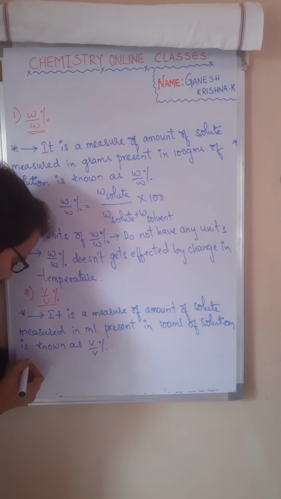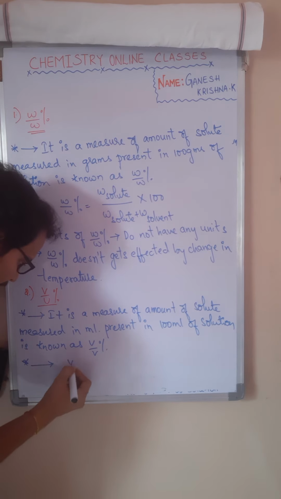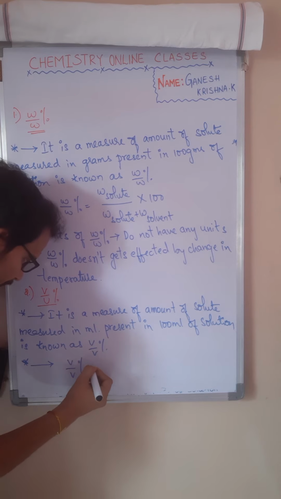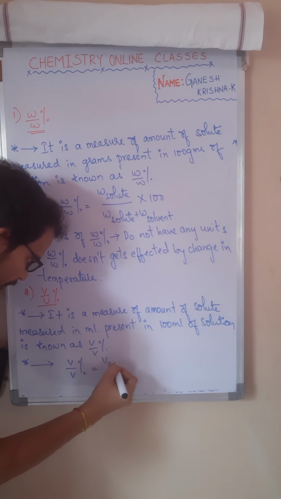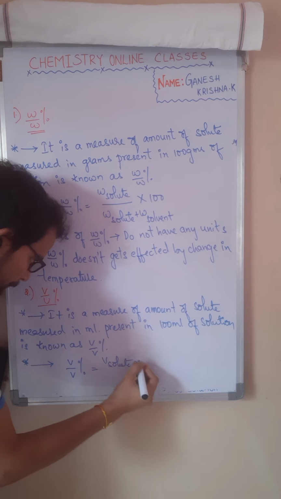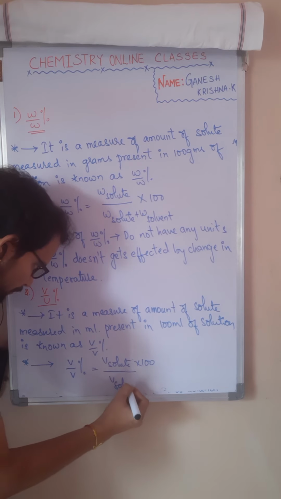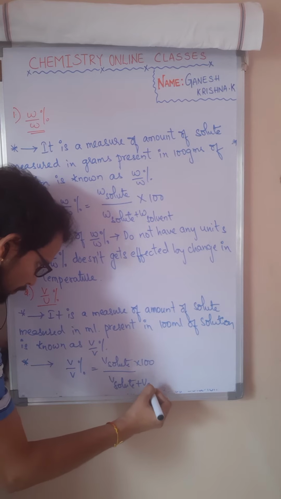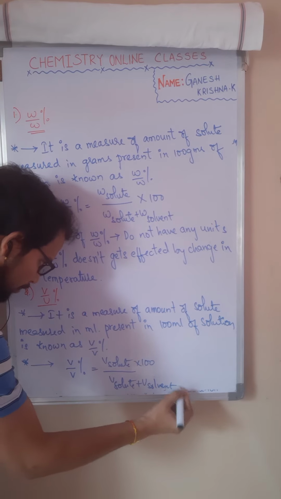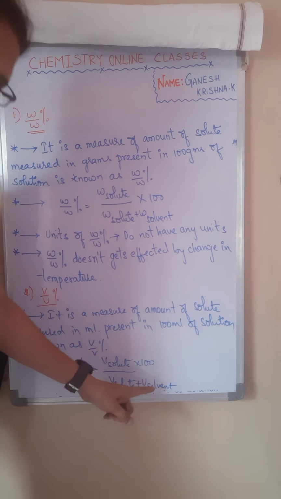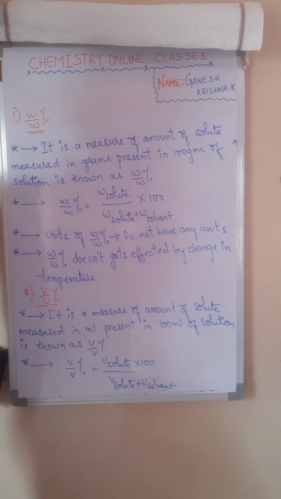Okay, and what is the mathematical expression to find out the volume by volume percentage? It is given by volume of solute into 100 divided by volume of solute plus volume of solvent, where volume of solute plus volume of solvent can be taken as the volume of the solution.